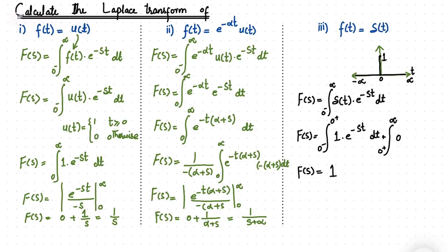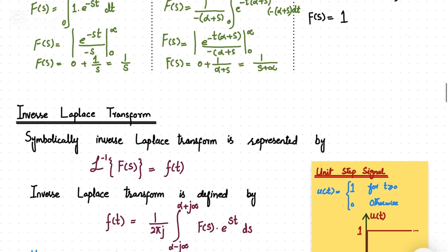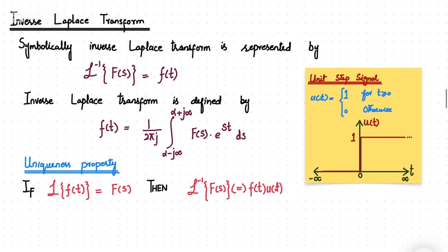So for inverse Laplace calculation, we need to remember these Laplace transform pairs: if the time domain function is the impulse of t, its s domain transform would be F of s equal to 1. So we need to remember these basic Laplace transform pairs.